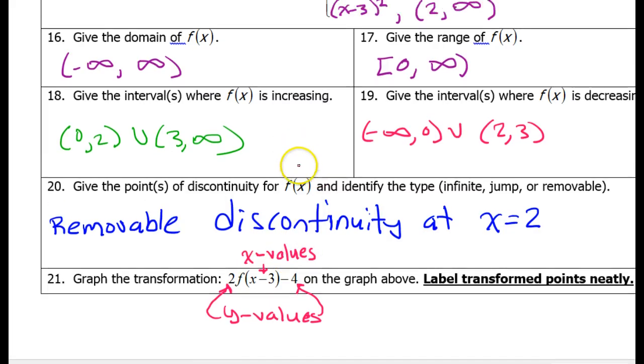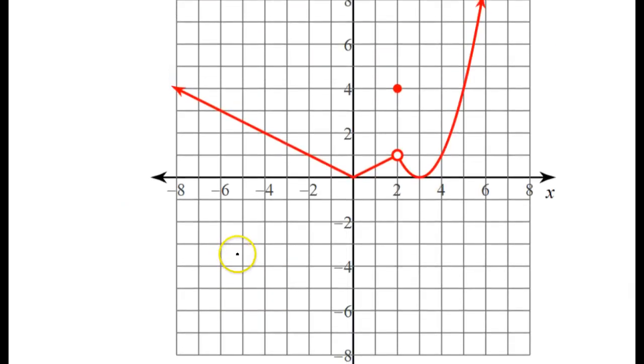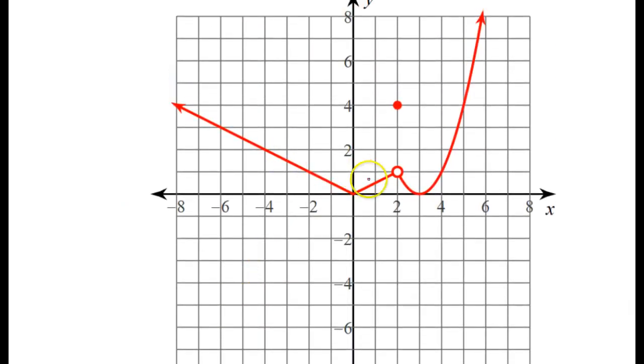So I like to set up a table of values that I can easily use to track the transformations that are happening. So for that reason, the first thing I would like to do is come up with a set of points that I can use to guide me, some key values. So I'm going to use this as a point, this, I'll use this point.